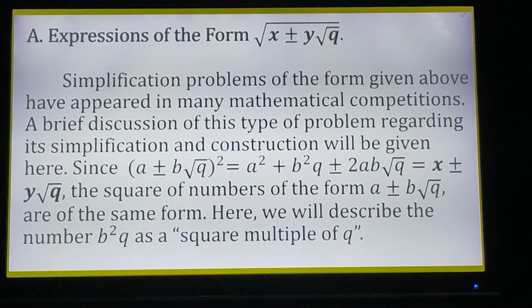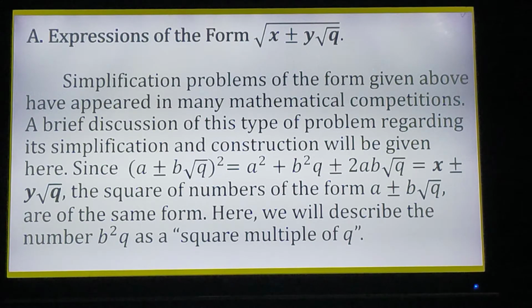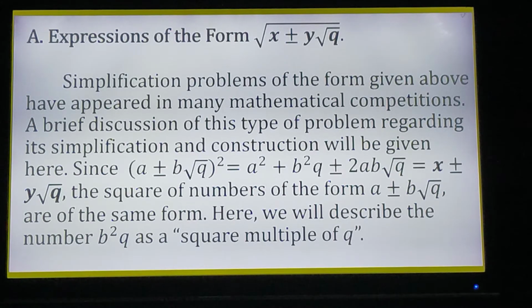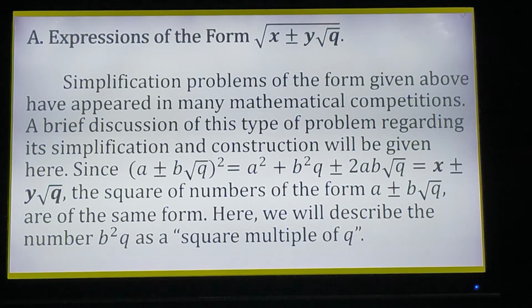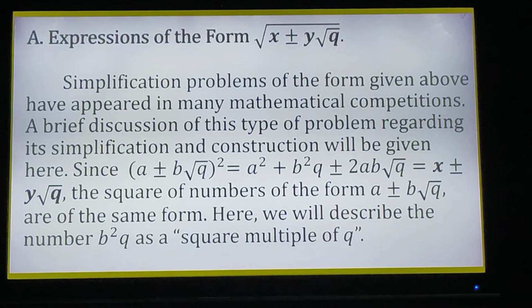Now, since the square of a plus or minus b times the square root of q can be written as x plus or minus y times the square root of q, then the squares of numbers of the form a plus or minus b times the square root of q are of the same form. Here we will describe the number b squared q as a square multiple of q.